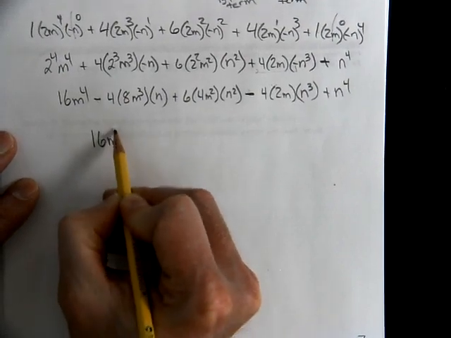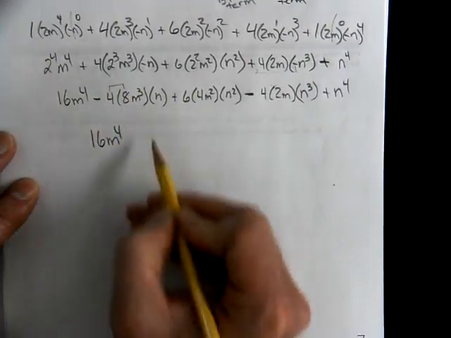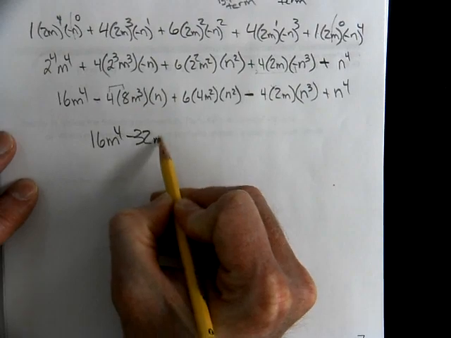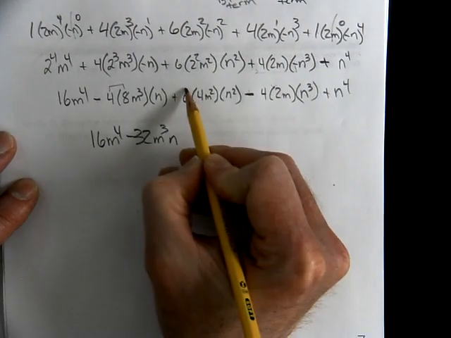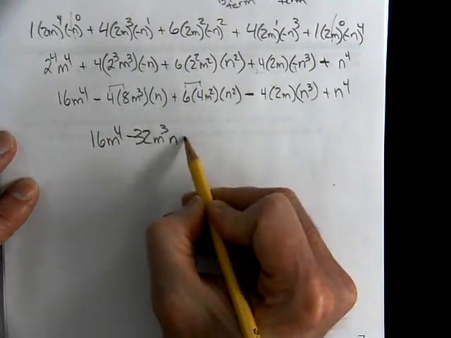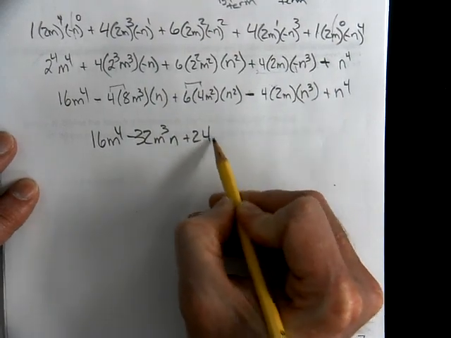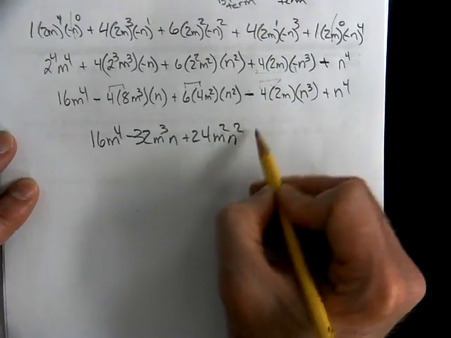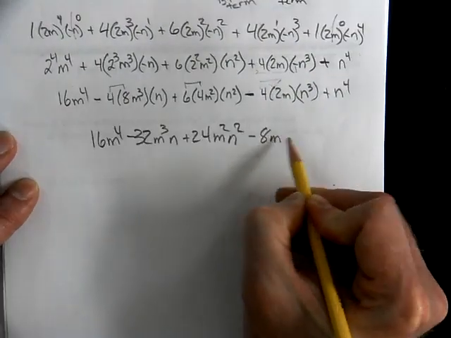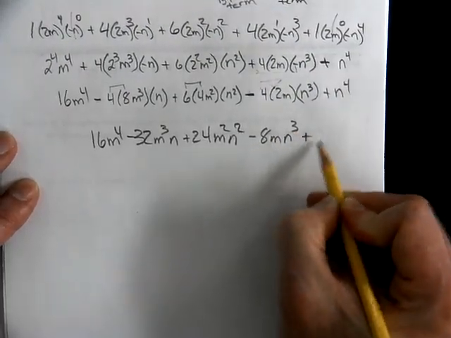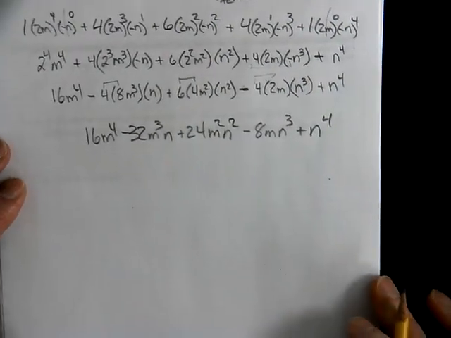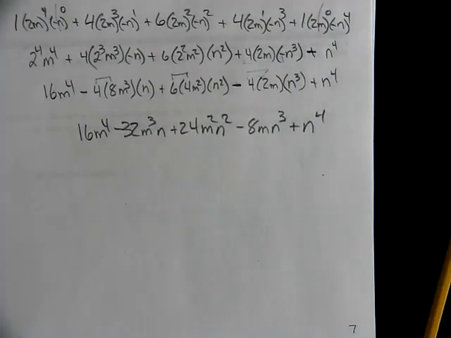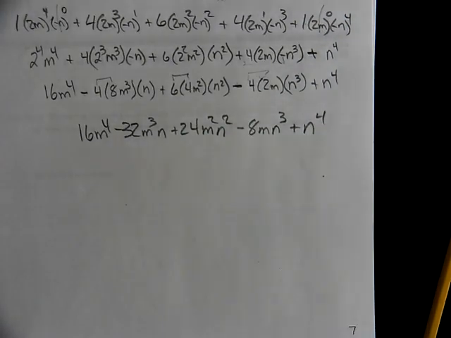So our final answer is 4 times 8, which is 32. 4 times 6 is 24. Negative 4 times 2 is negative 8. And we multiplied it out. There's the binomial theorem.